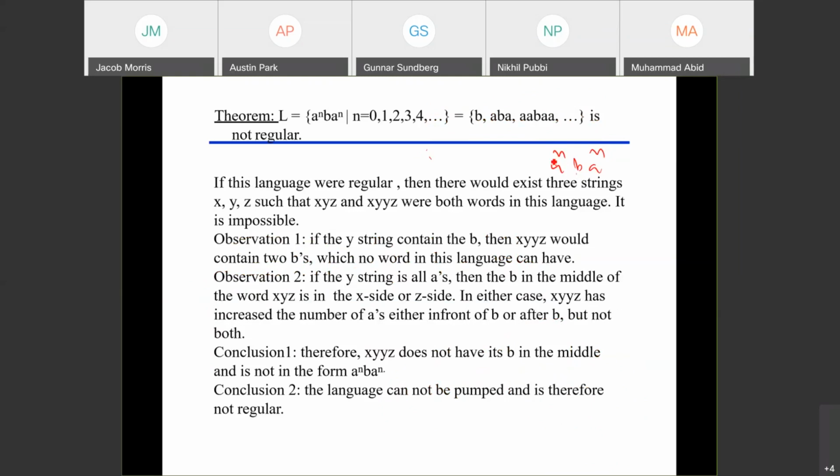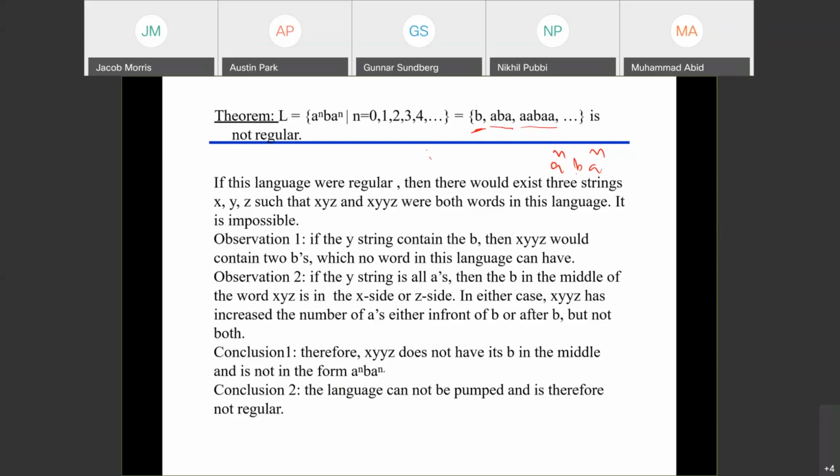If n is 0, then A will be lambda, so you will have only B there, or you have ABA, or AABAA. B will always be there. The same number of A's will be in the following and the leading position of B. So we need to figure out whether this is a regular language or a non-regular language.